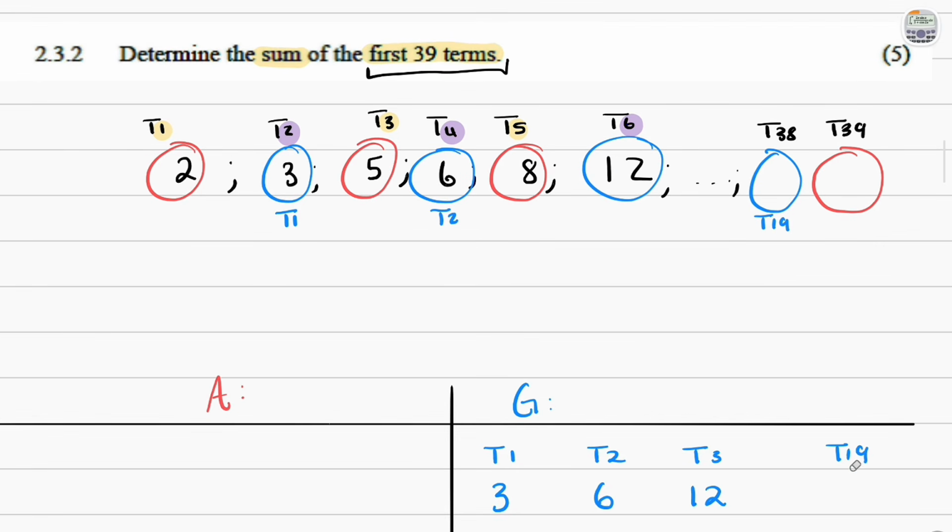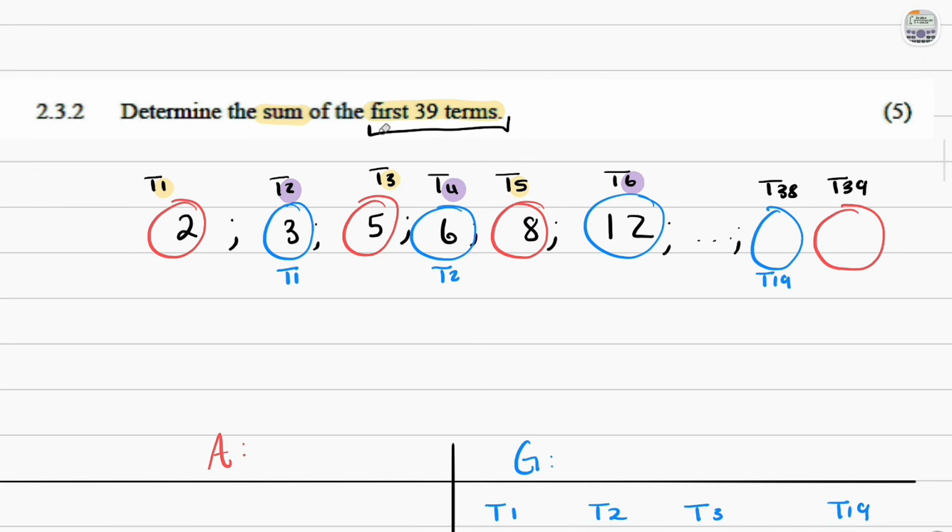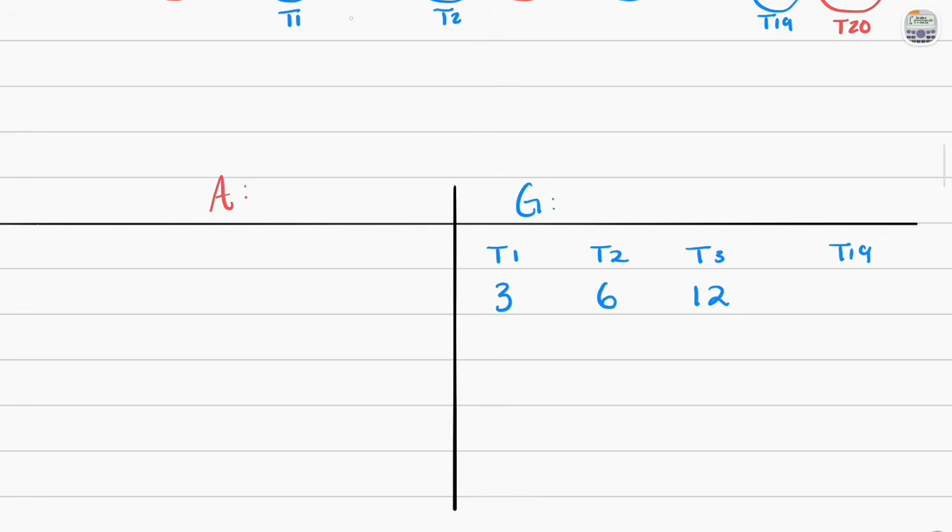If you know that there are exactly 19 terms in the geometric pattern, and this first 39 terms is referring to all these terms being added, then just say 39 minus these 19 terms, and that will give you the total amount of arithmetic term values you have. So that is 20. So it means that there are 20 terms in the arithmetic pattern. So that's term 20. So there are exactly 20 terms here.